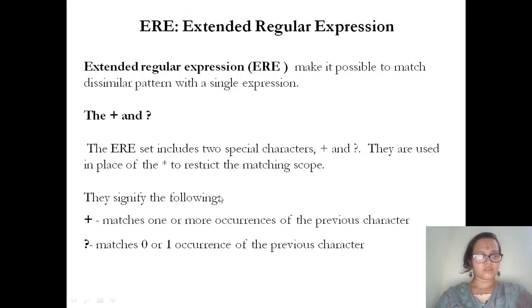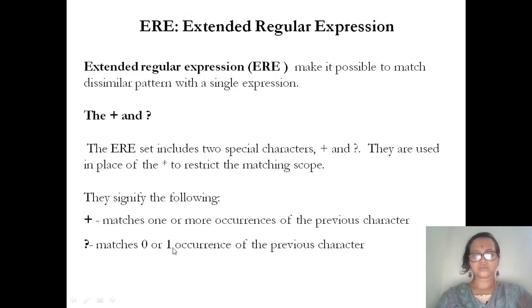They signify the following. Remember, we have used the asterisk for further options. If there are unknown things, we depict them using the asterisk. In the same way, in order to restrict that scope, we use plus and question mark. Plus is the operator which matches one or more occurrences of the previous character, and question mark matches 0 or 1 occurrences of the previous character.